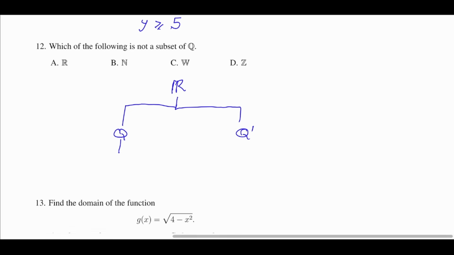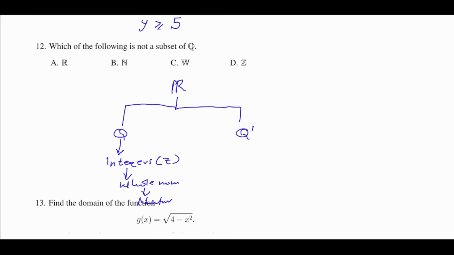Now, under rational, we have integers, which we represent by Z. Now, under integers, we can have whole numbers. And then under whole numbers, we can have natural numbers.